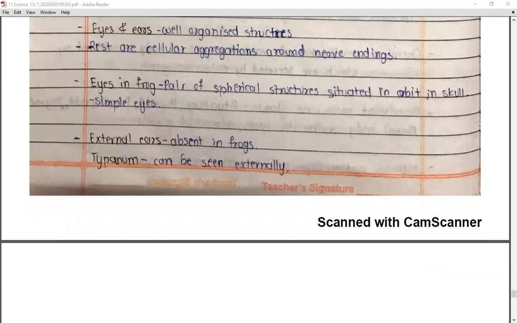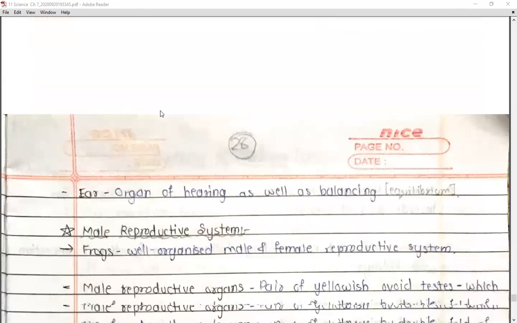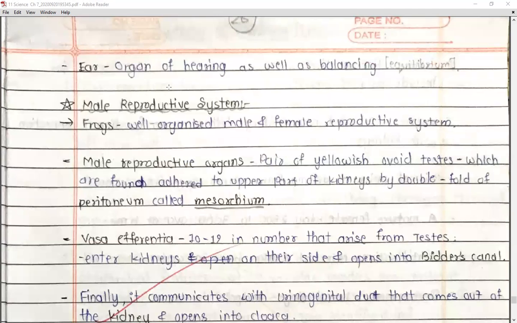Now the external ears are absent in the frog, but there is the tympanum, which acts as the ear, and it possesses internal ear mechanisms, right? So the tympanum can be seen externally, but external ears are not visible in the frog. Next, this ear is the organ for hearing as well as balancing.